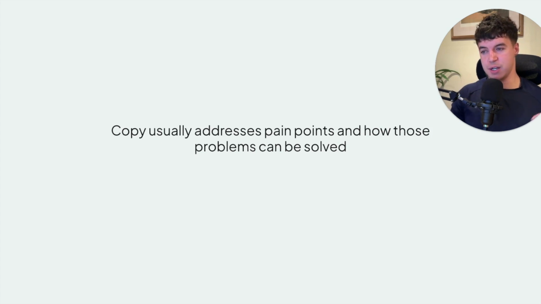So we can incorporate that into the ad copy. So do a little bit of research. Just ask your existing customers what their problems were, what they were looking to solve when they came to you, when they gave you money, and use that knowledge to your advantage.